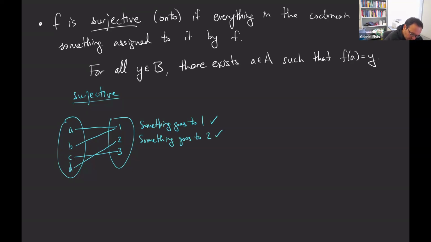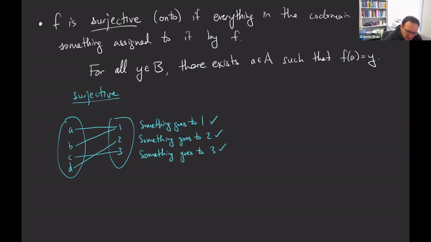Yep. And then something goes to 3. Not that you would realistically be checking surjectivity by checking every single output. For example, what if there are infinitely many outputs? I'm just trying to illustrate the definition.